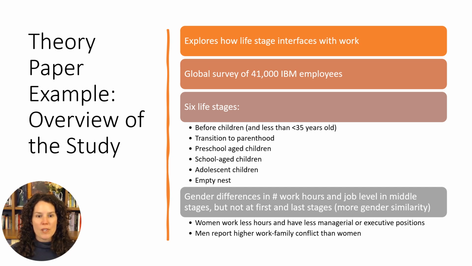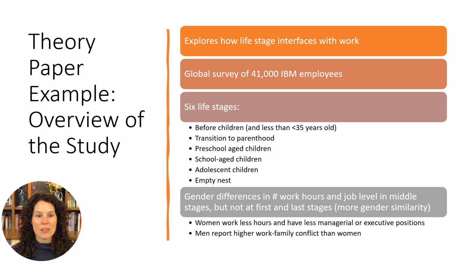And then what they were curious about, in thinking about the social context and the social institutions, is what were some of the gender differences related to these life stages? And what they found is that basically men and women were more different in the middle stages than they were in the early stages or the late stages.